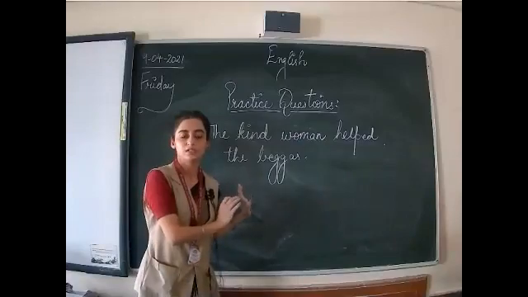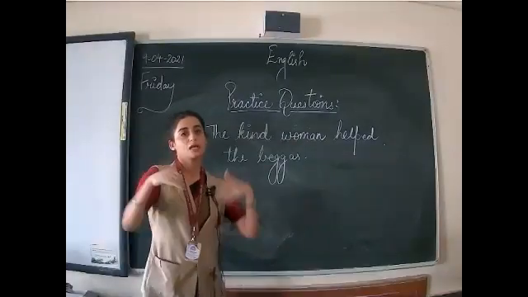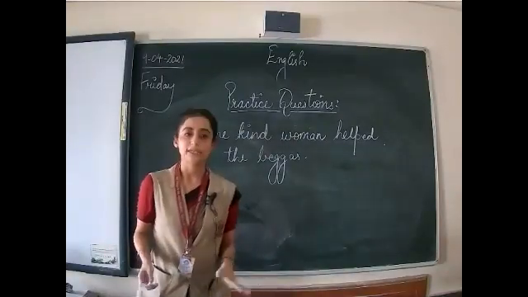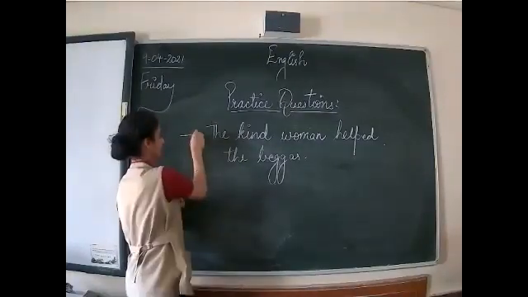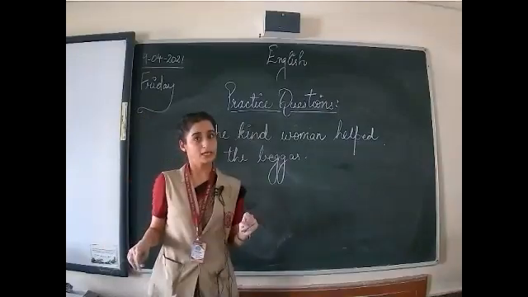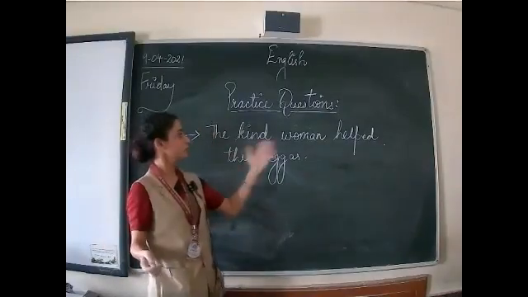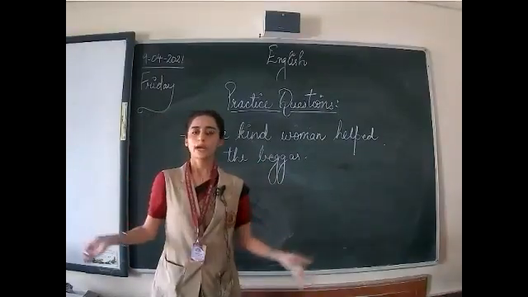Suppose this is the sentence that you've been given. Now, how you have to divide it? How you have to do it in your copies? First of all, tell me, the kind woman helped the beggar. Who helped the beggar?